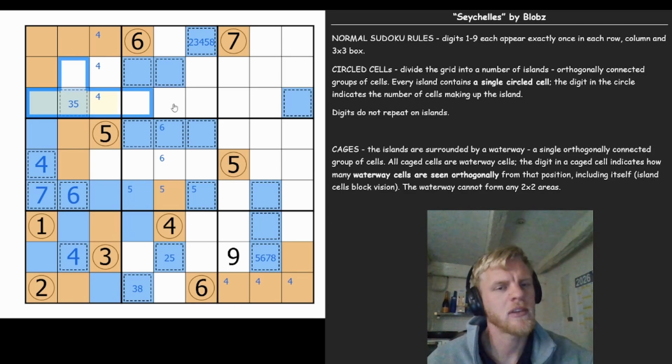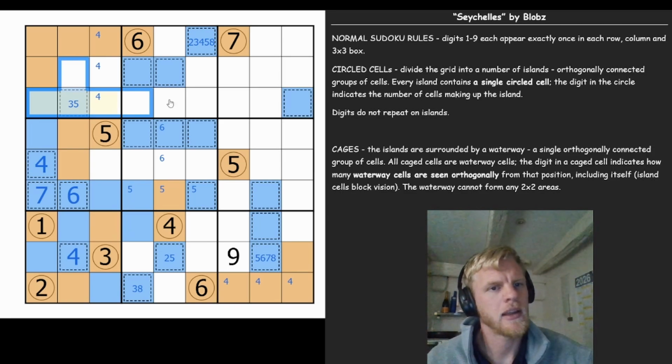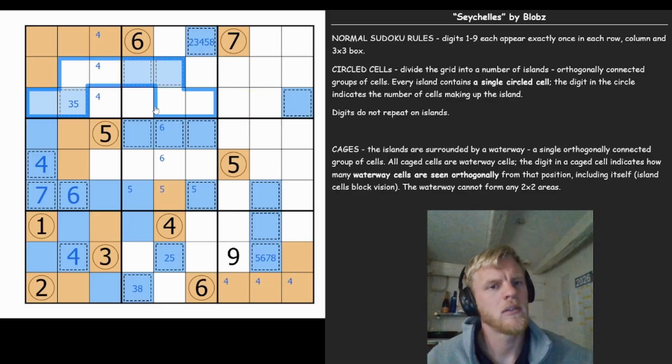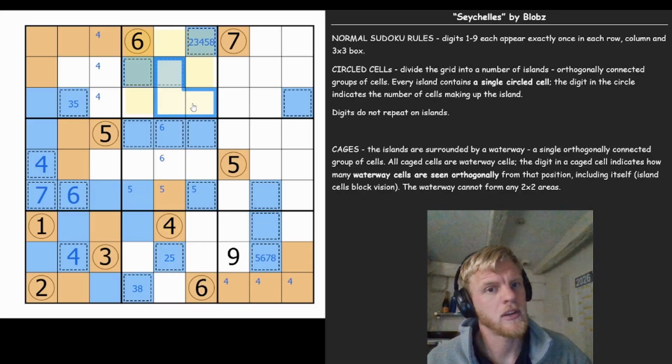Which means this is definitely island, or a 3 like this. Therefore, this is definitely... okay, no, it can't go down here and then here.